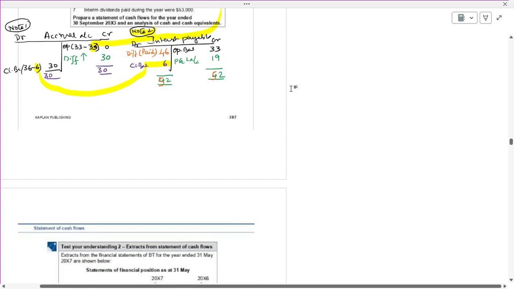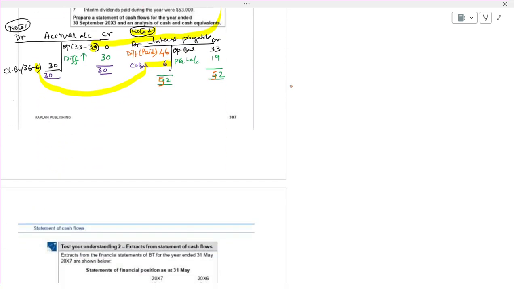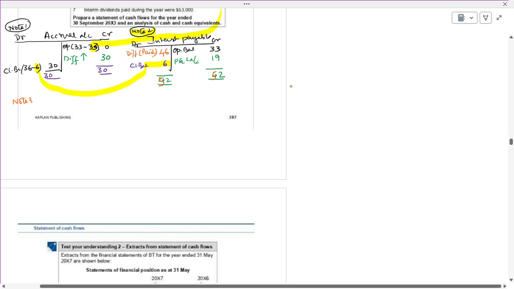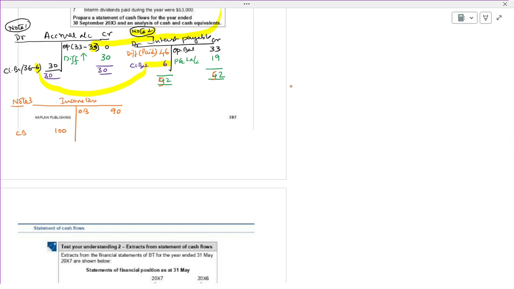I am writing here only. Note 3. You can write in short. Income tax. Opening balance is 90, closing balance is 100. It is a liability: opening balance on the credit side, always credit.